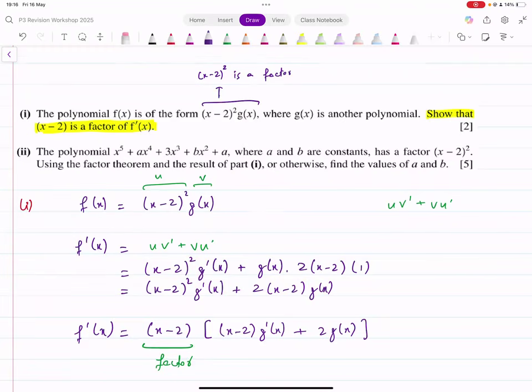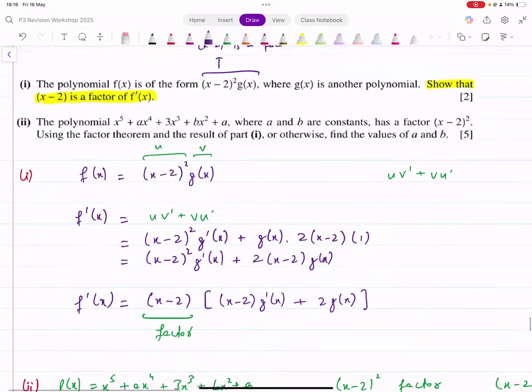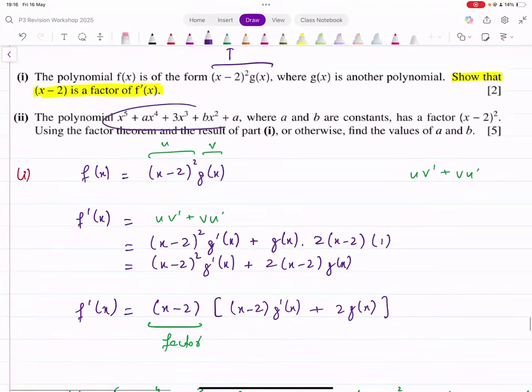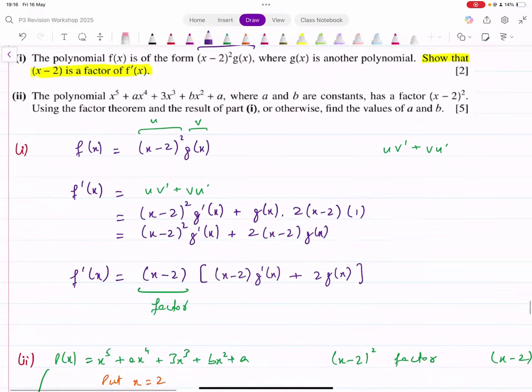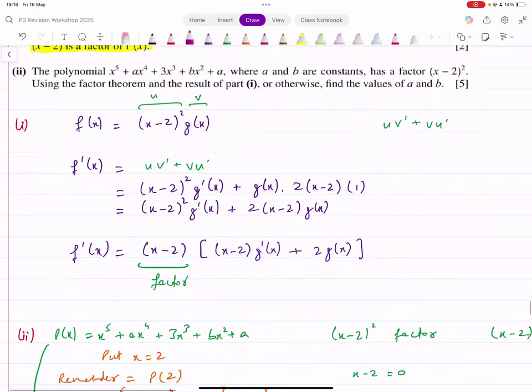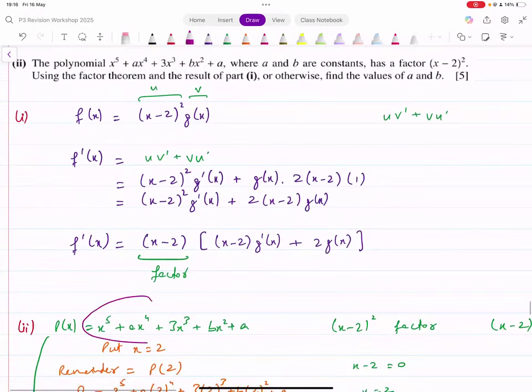Now in the second part, they're saying there is a specific polynomial now, and this polynomial has x minus 2 whole squared as a factor. That's what they've given. They're saying use the factor theorem and the result of part 1 to find the values of a and b. Now, how do you do that? This is the polynomial x raised to power 5 plus ax power 4 plus 3x cubed plus bx squared plus a.